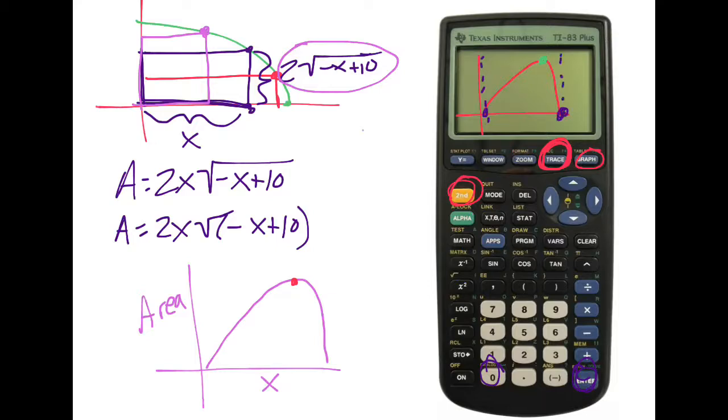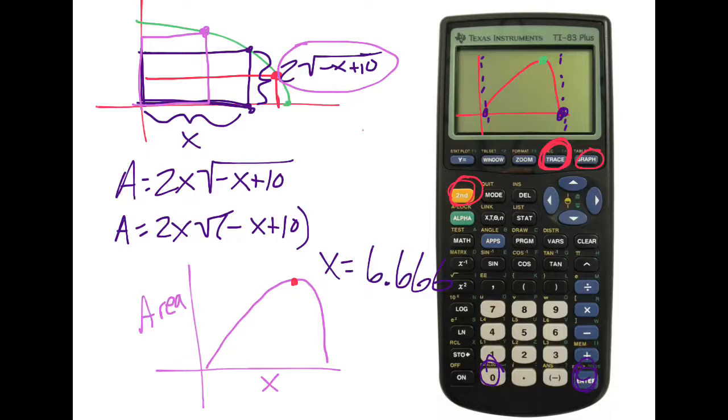We're looking at both of those zeros right there. So when it says right bound, type 10, hit enter. When it asks you to guess, just hit enter again, and it will tell you that x equals 6.666.